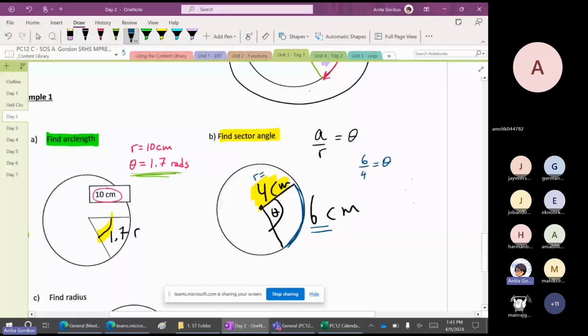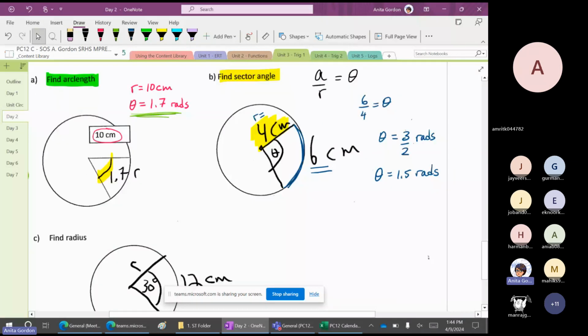And if I'm going to reduce this, right, we always reduce our fractions. Theta is going to be 3 over 2, what? Not centimeters. Radians, so it's 3 over 2 rads. Or you could say 1.5 rads. That's fine too. If you leave it in fraction, make sure it's reduced and rationalized. Or write it as a decimal. Either way is fine.